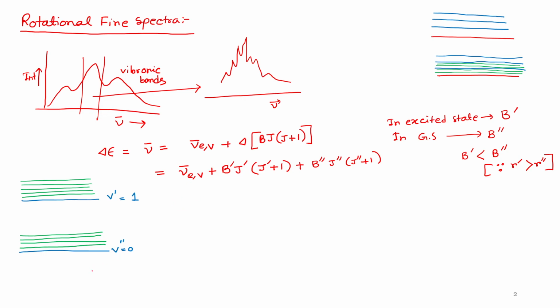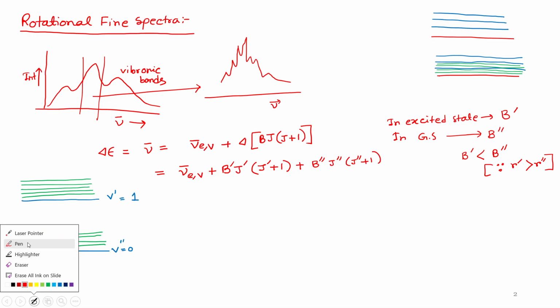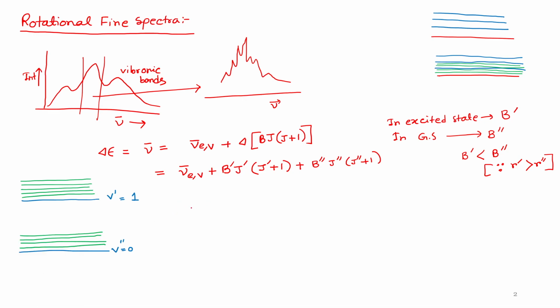Now let us discuss, so what can we expect from here? What are the selection rules for this electronic spectroscopy?